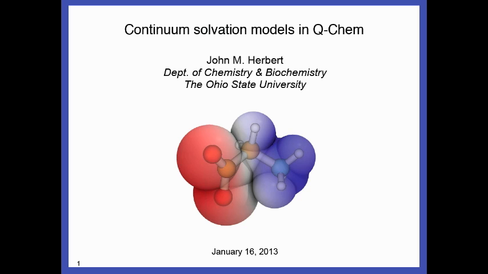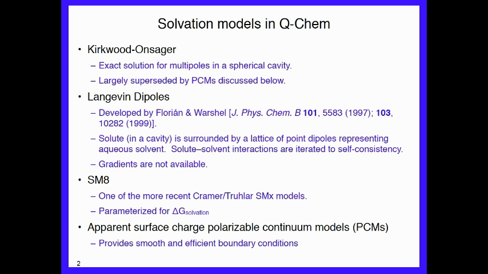And we can use the exact electron density to compute the electrostatic potential arising from the solute electron density, and then use that to induce a polarization from within the continuum dielectric solvent. Okay, so I will have nothing further to say about Kirkwood-Onsager models.